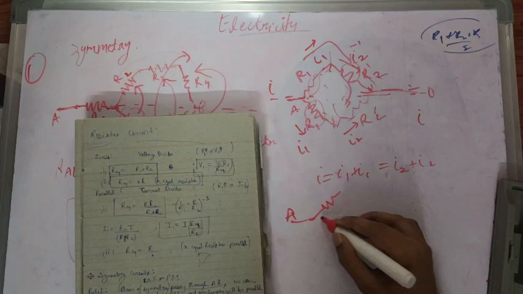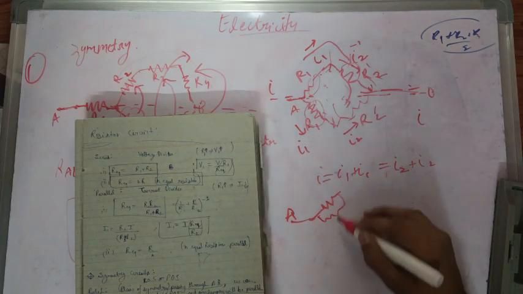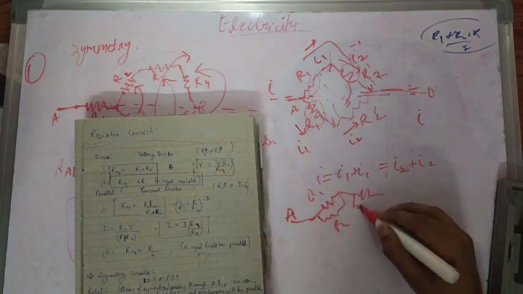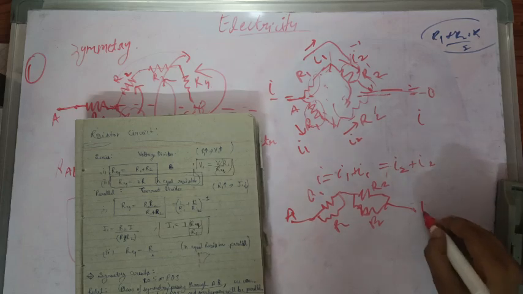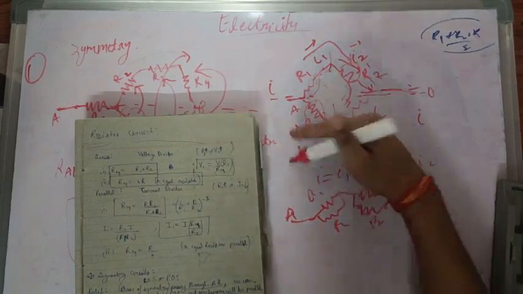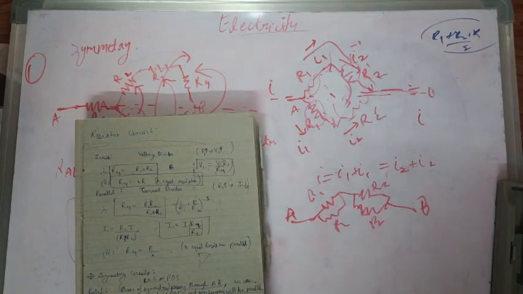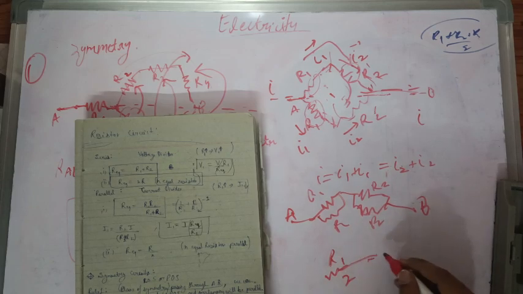A, and both R1 resistors here and both R2 resistors here in parallel, and this is B. I can also draw this circuit like this, meaning I am merging these 2 resistors and these 2 resistors, and it will give me this circuit, which means R1 by 2 and then R2 by 2.